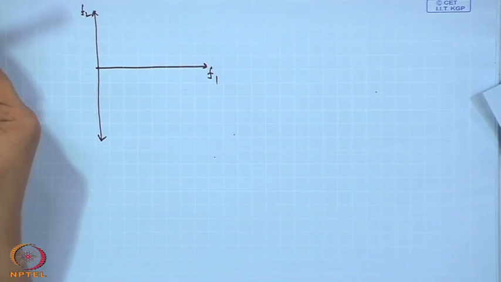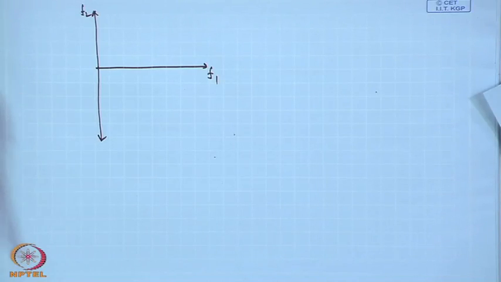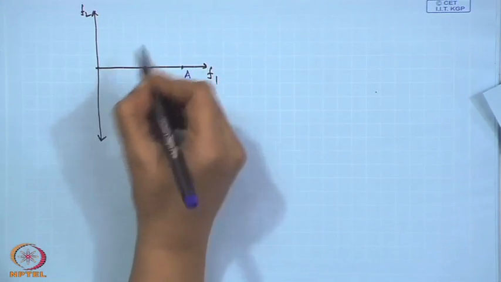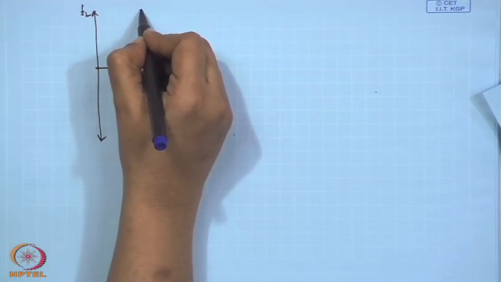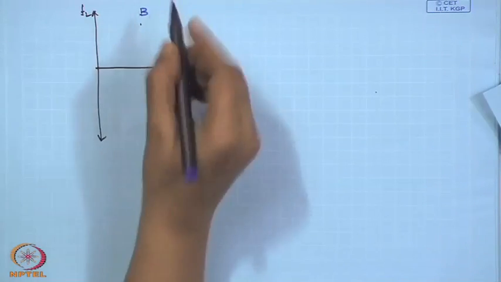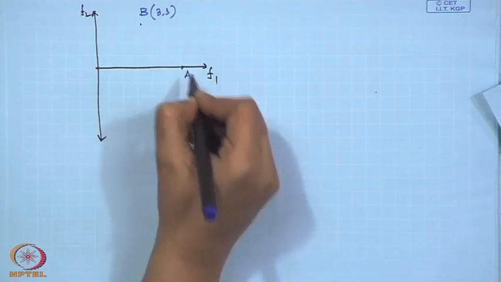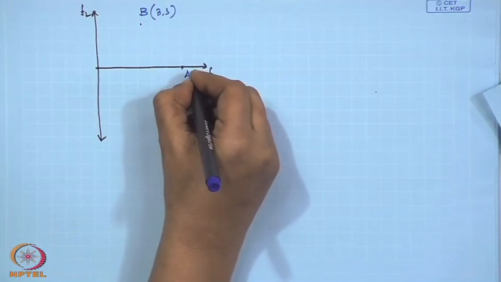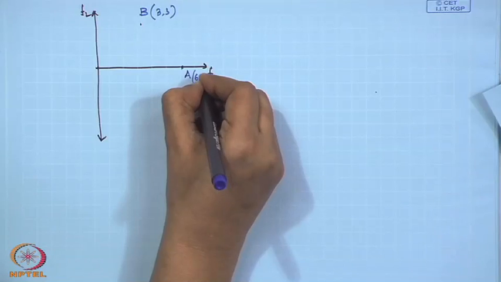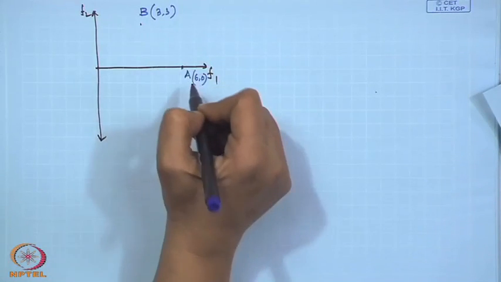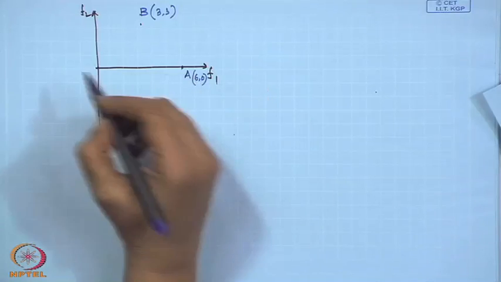The maximum value of f1 is 6 at point A, and we get point B where the maximum value of f2 is 3.